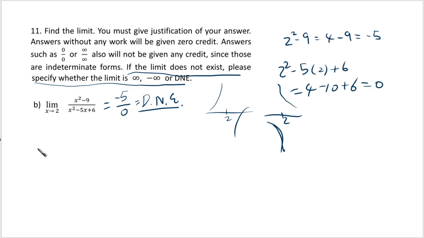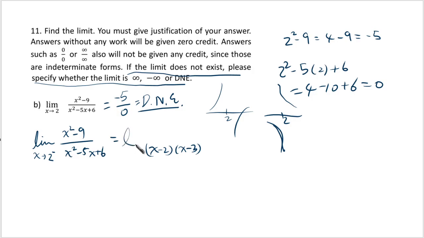Okay, so let's try to see what happens if you take the left limit when x is sent to 2 minus of x squared minus 9 over x squared minus 5x plus 6. Well, the bottom can be factored as x minus 2, x minus 3.